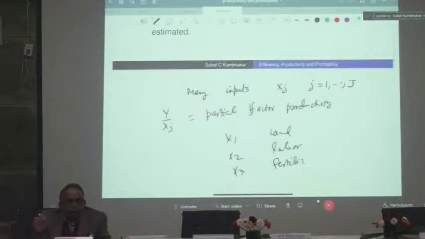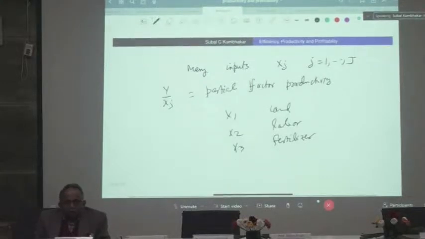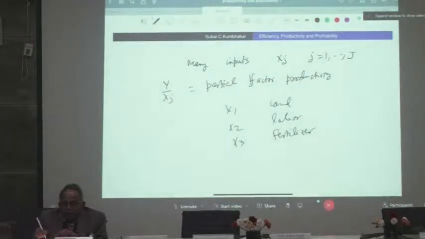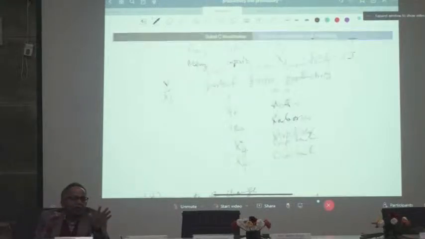If you are thinking in terms of three inputs, what are you going to get? You get factor productivity, that means productivity of land, labor, fertilizer. Let me also put capital. You can add more if you want to. So you'll be getting four different measures of productivity, right?